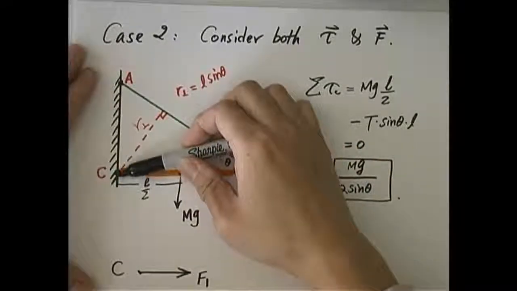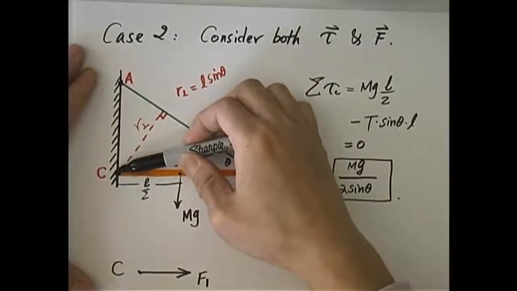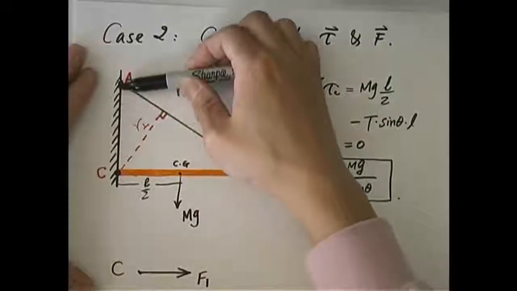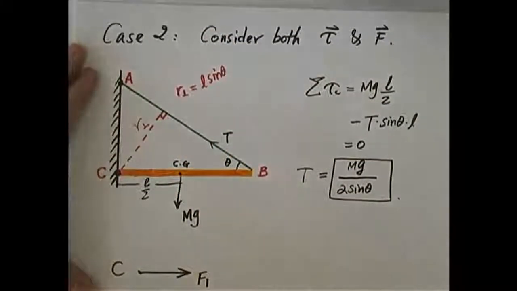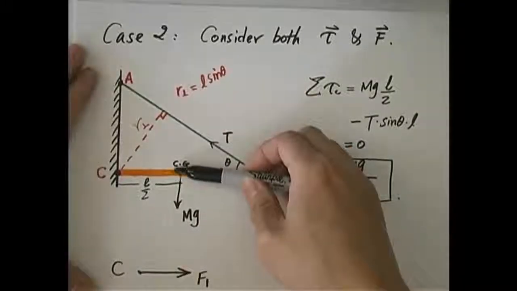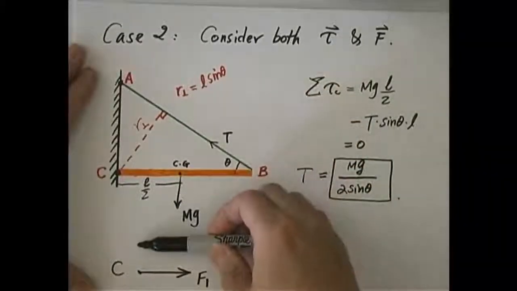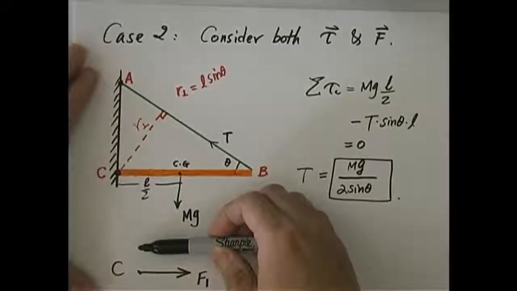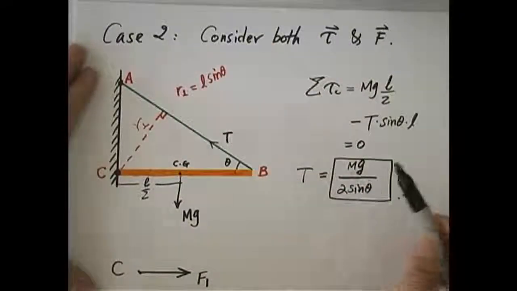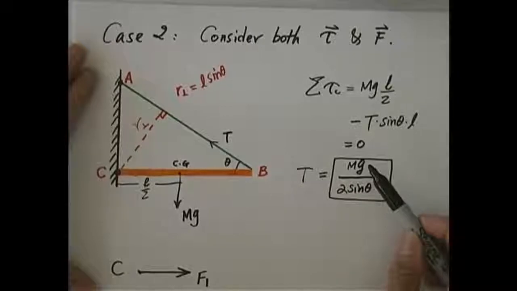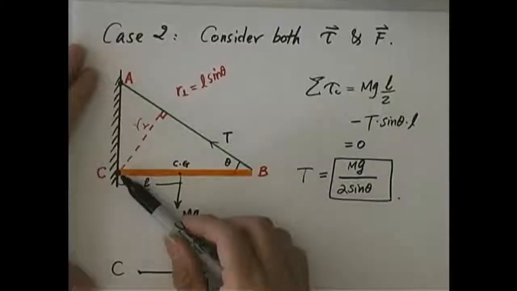And whatever vertical force is at point C also has no lever arm because it also goes right through it. There are only two forces left that do provide a torque about point A. One is mg, and that's a clockwise torque. In order to make sure the torque about point A is 0, there has to be a counterclockwise torque somewhere, right? And where does it happen? Well, only remaining point C.